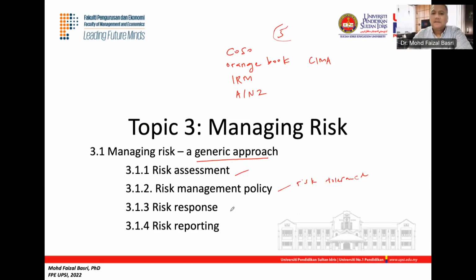Then how to respond to the risk, or sometimes we call it treatment, how to treat the risk accordingly, and finally, how to report the risk. This would be the common approach that can be used in managing risk in an organization.